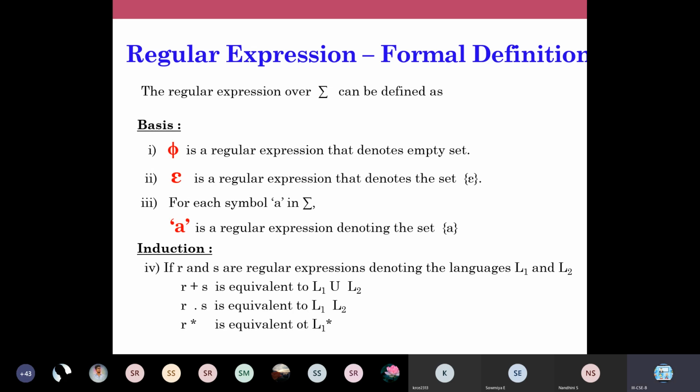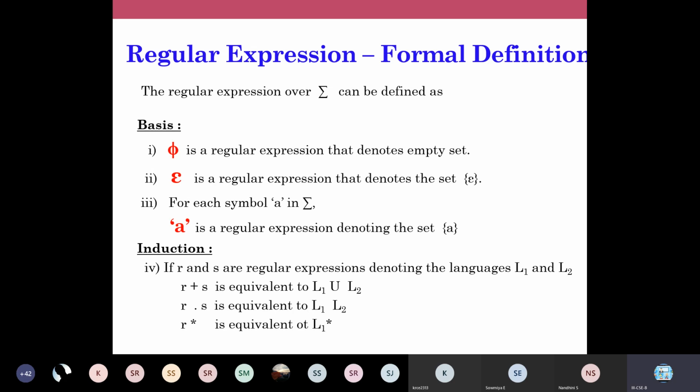Read through this statement and write it down. In the basis step, null is a regular expression that denotes the empty set. It means that inside your set we don't have any terms. If I want to write a regular expression for an empty set, the regular expression is null. This red symbol I have highlighted defines your regular expression.